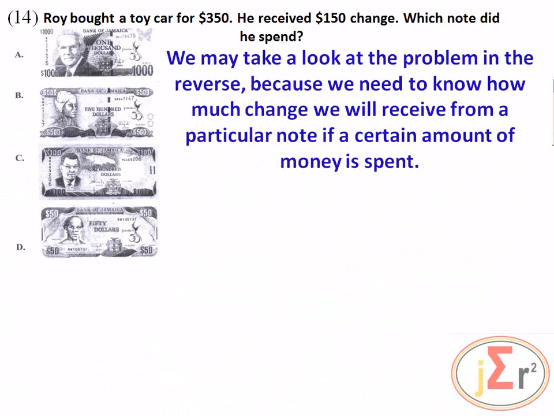We may take a look at the problem in the reverse, because we need to know how much change we will receive from a particular note if a certain amount of money is spent. So purchasing for a particular amount, spending a particular amount, and the change received may be viewed in many different ways.